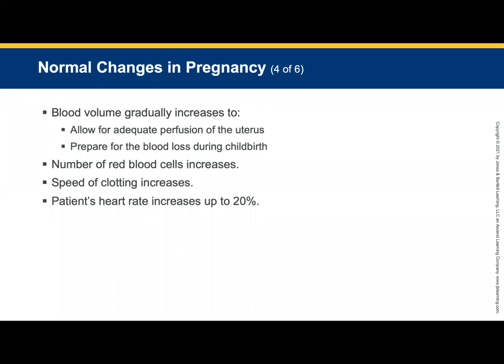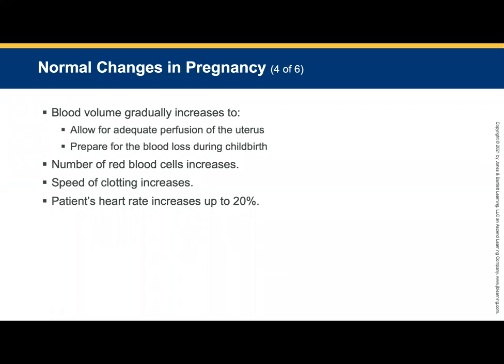The number of red blood cells also increases. The speed of clotting increases to protect against excessive bleeding during pregnancy. By the end of the pregnancy, the pregnant patient's heart rate increases up to 20% to accommodate the increasing blood volume. So your cardiac output is significantly increased also. That goes with your respiratory drive, and your heart rate's going to be up.